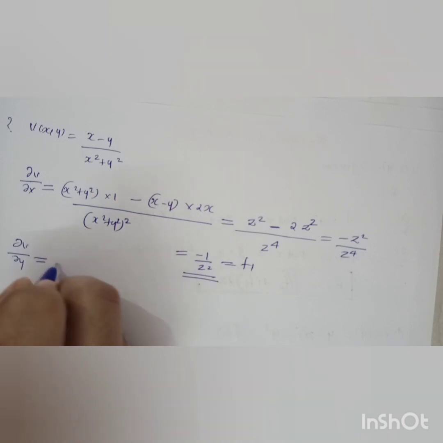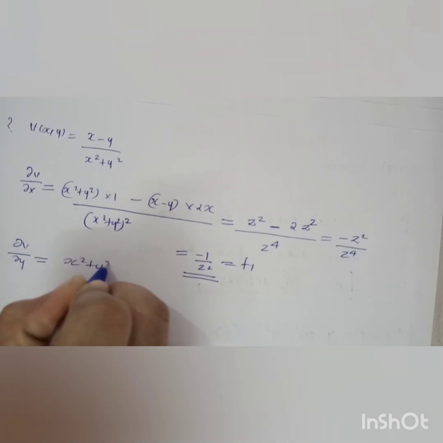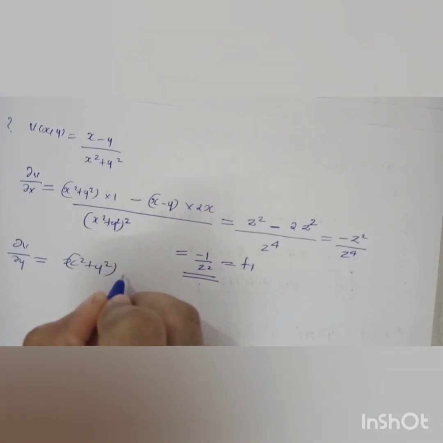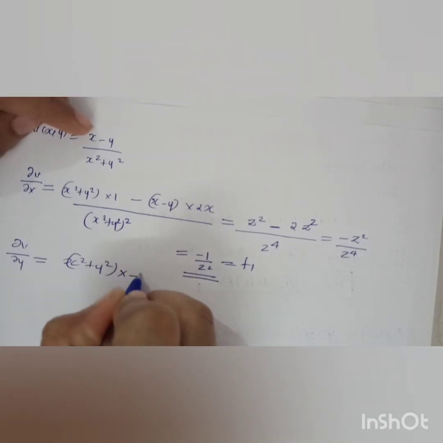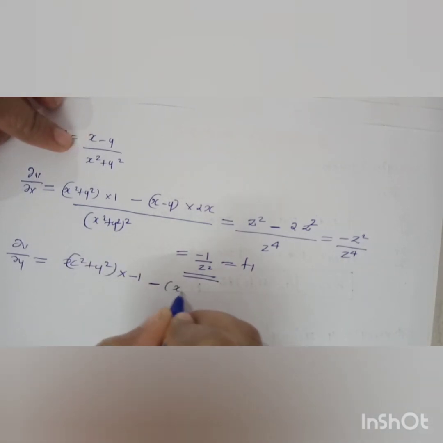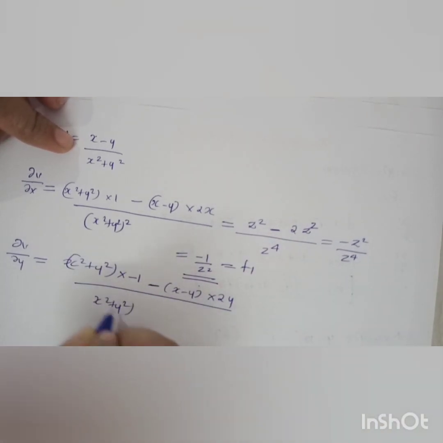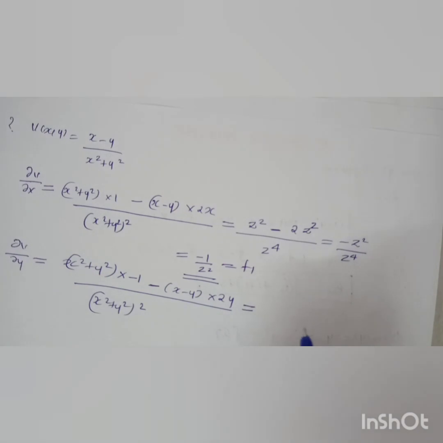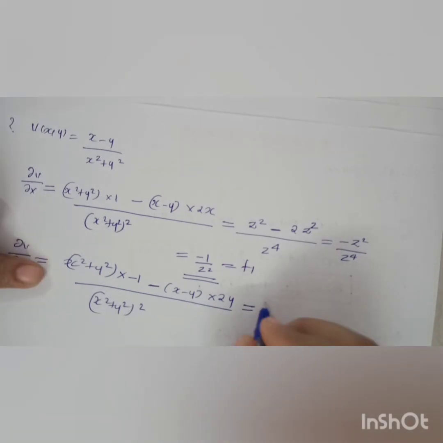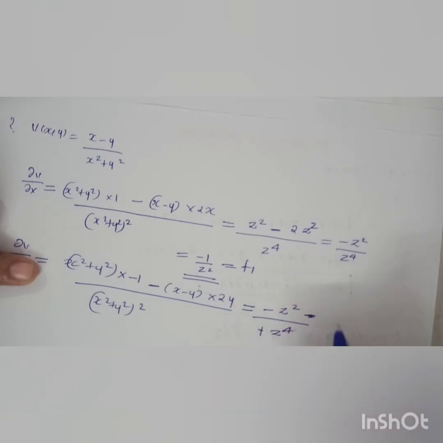Now dou v by dou y is denominator into derivative of numerator minus numerator into derivative of denominator, divided by denominator square. Put y equal to 0 and x equal to z, that is minus z square minus 0, divided by z power 4. So that is minus 1 by z square.